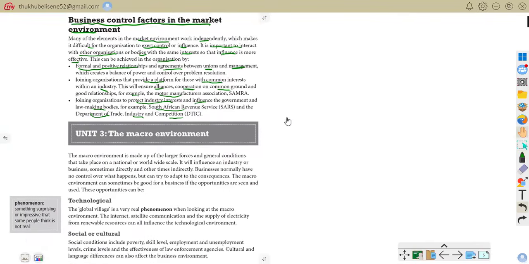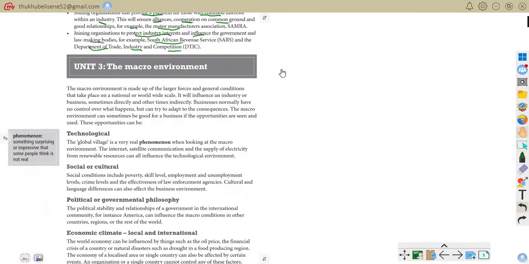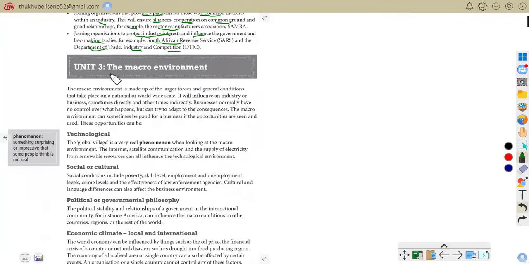So now let us move on to the macro environment, Unit 3.